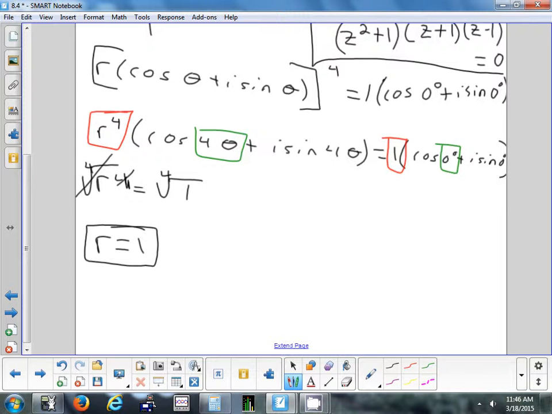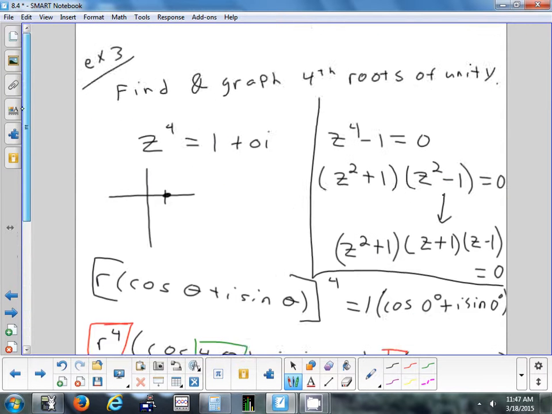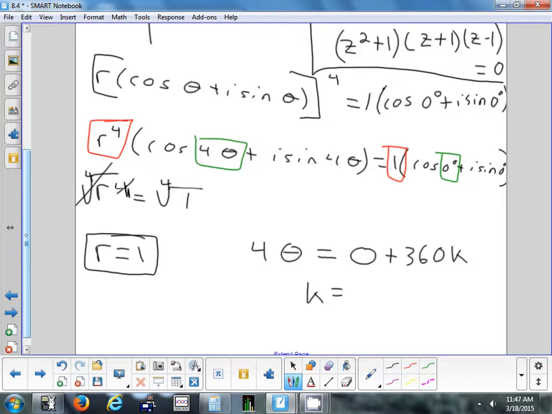Okay, now I need my angle. This is the part that's going to give me multiple answers. So 4 theta is equal to 0 degrees, or anything that's coterminal with it, plus 360k. Now I'm finding a 4th root, so I'm looking for 4 answers.